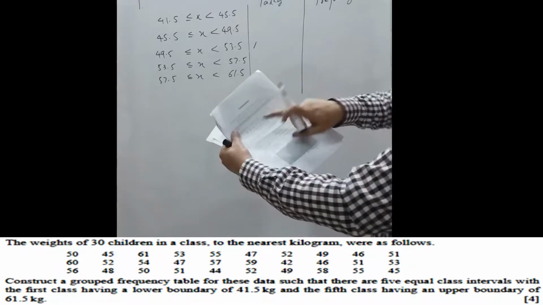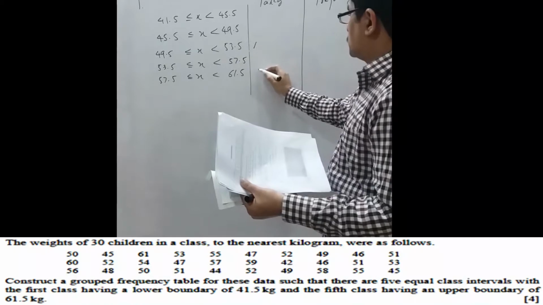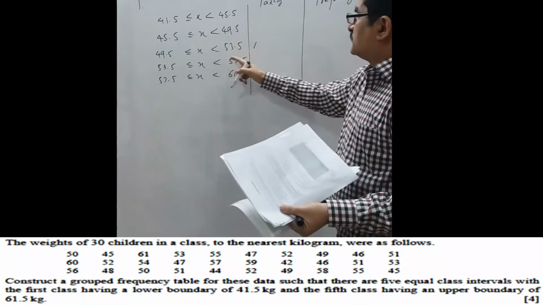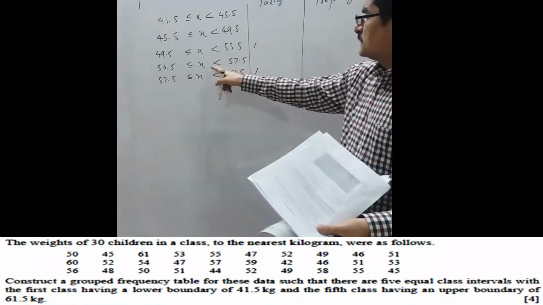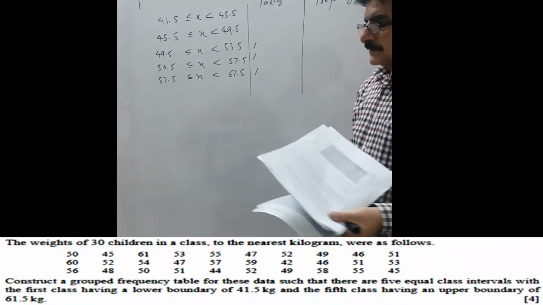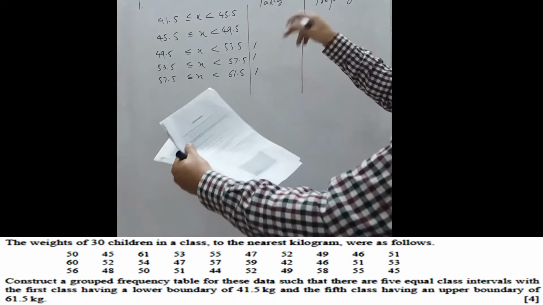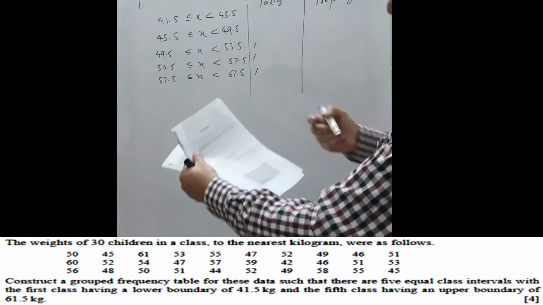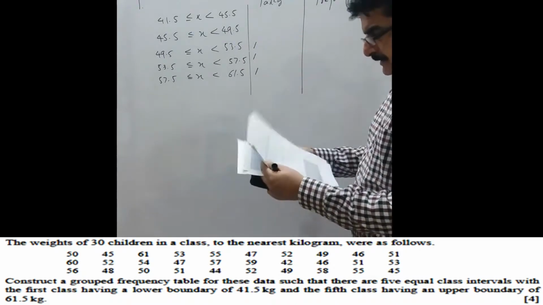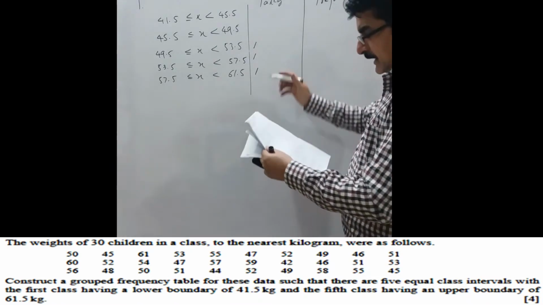Then the second value is 60, column wise. 60 lies in this interval. Then we have 56. 56 is in this interval, so you will make a line. So go on making these lines and go on cutting this data with the pencil. And finally, you will get this. You can check this.